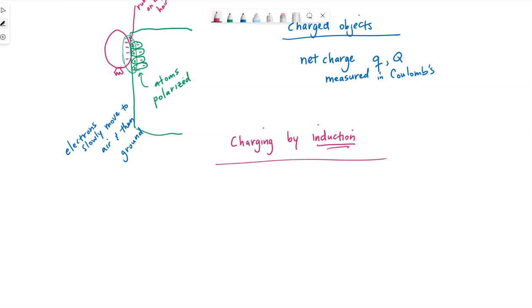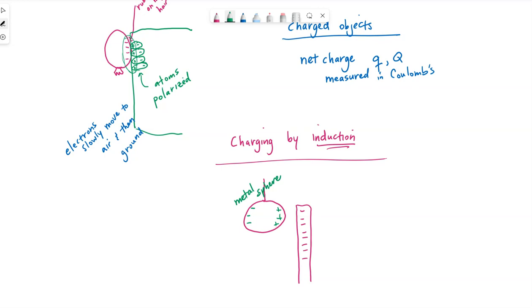Let's go back to that example of the sphere that we had held close to a negatively charged rod. So the charges in the sphere, some of the electrons get repelled to the other side. This is a metal sphere or ball of some sort.